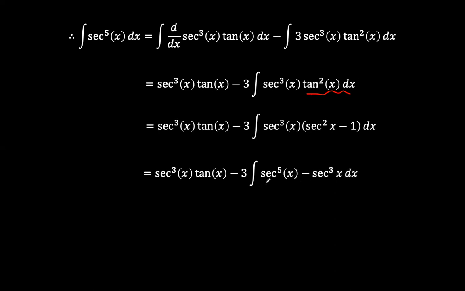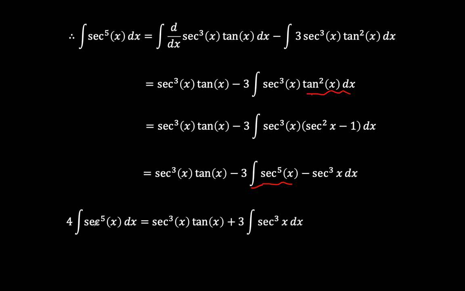Now this entire integration is the same as what we have on our left-hand side. So we can move it by adding 3 times the integral of sec to the power 5x on both sides. So we get 3 plus 1, which is 4, times the integral of sec to the power 5x, being equal to sec cube x tan x plus, because we have this negative and this negative, plus 3 times the integral of sec cube x.